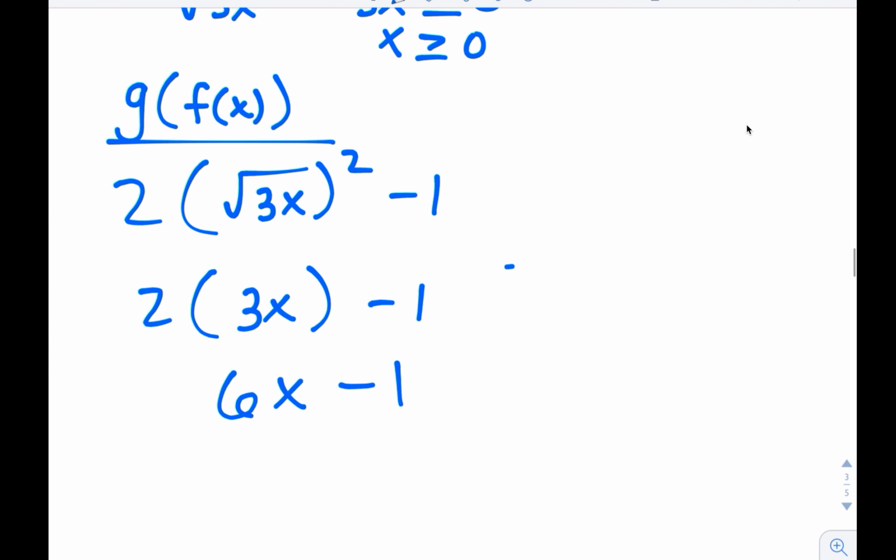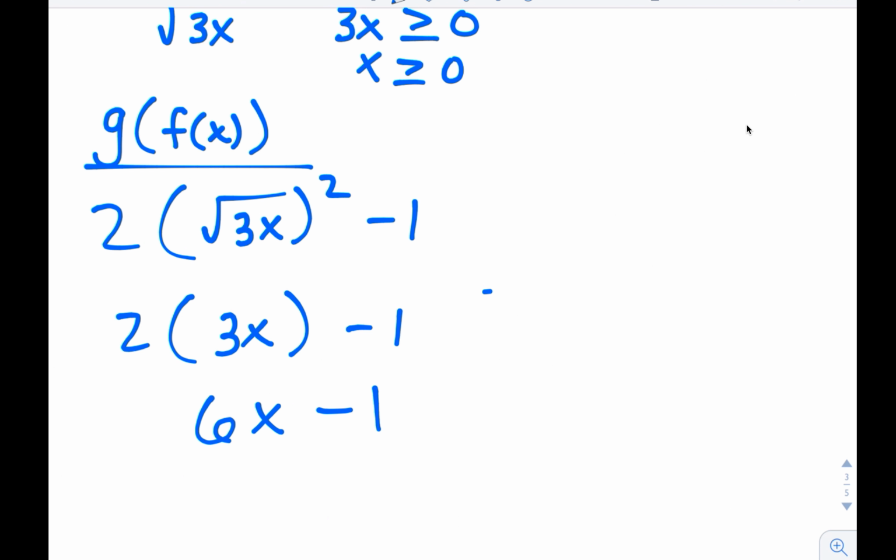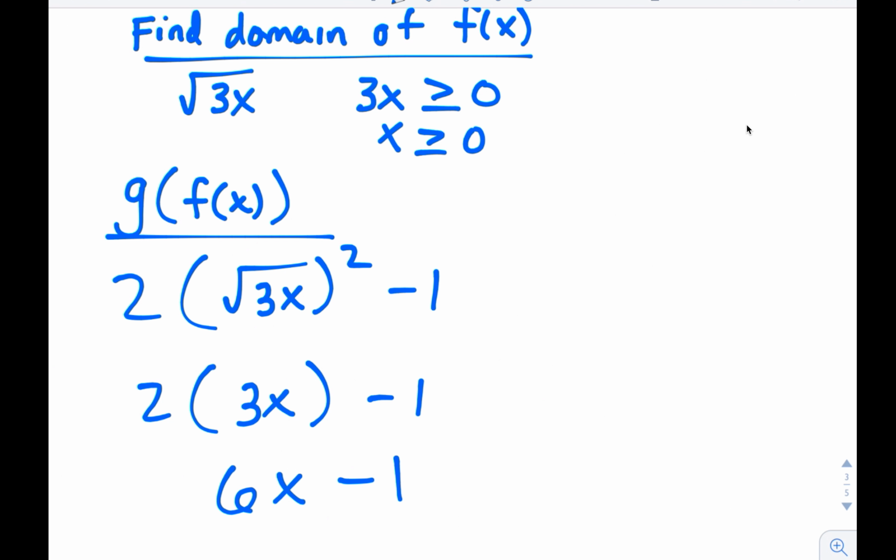Okay, and then when you write your final answer, you have to include your domain, right? So 6x minus 1 is just linear, so I can plug whatever I want into that. But from what I just found for the domain of f of x, I have to make sure that x is greater than or equal to 0.